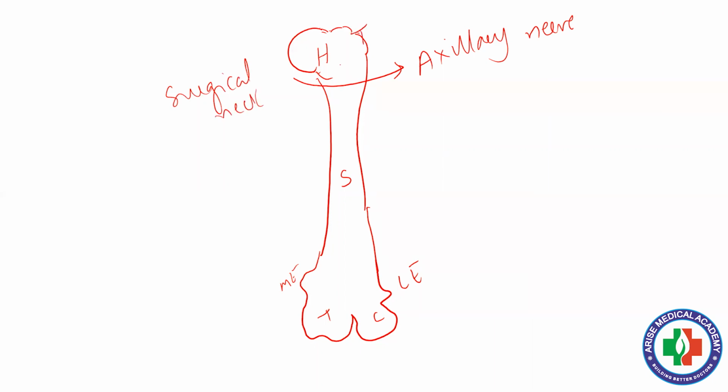Between the tubercles, imagine this is the greater tubercle and this is the lesser tubercle. Here will be the anatomical neck. And below the tubercles will be the surgical neck. So the nerve passing in the surgical neck of the humerus is the axillary nerve. The nerve passing in the spiral groove, or in the shaft of the humerus, is the radial nerve.